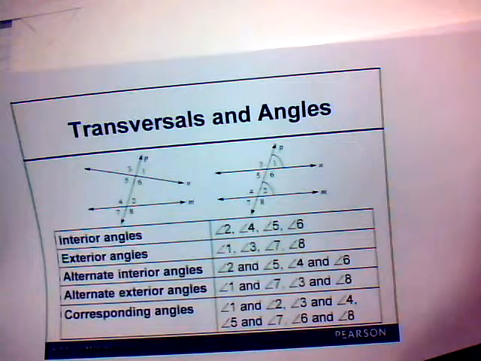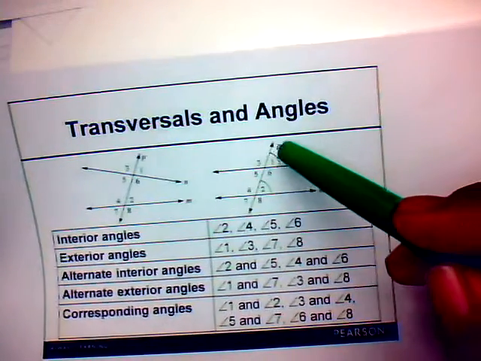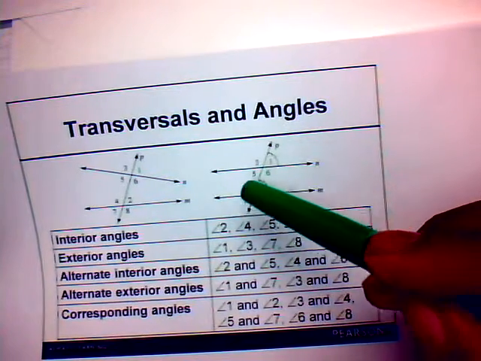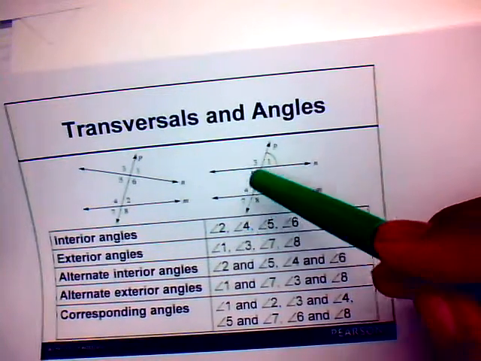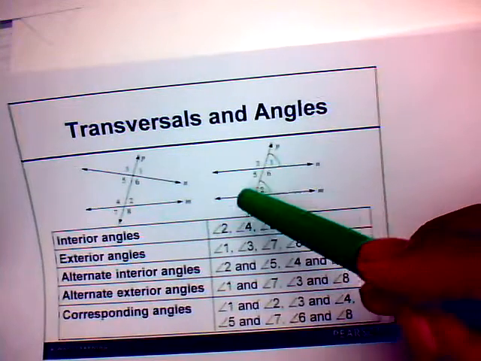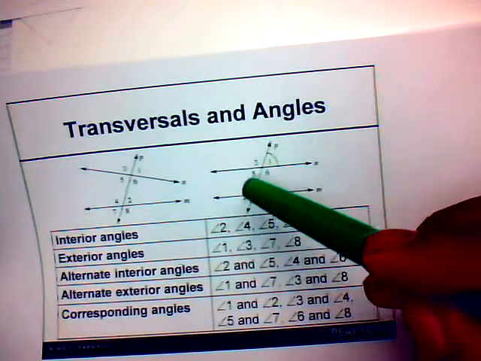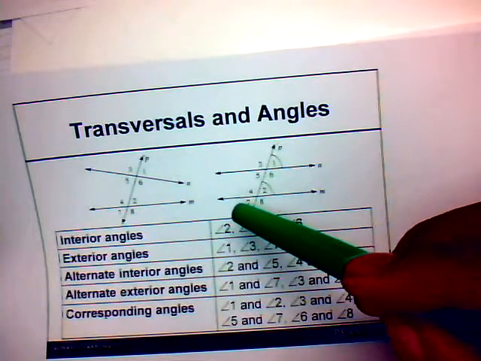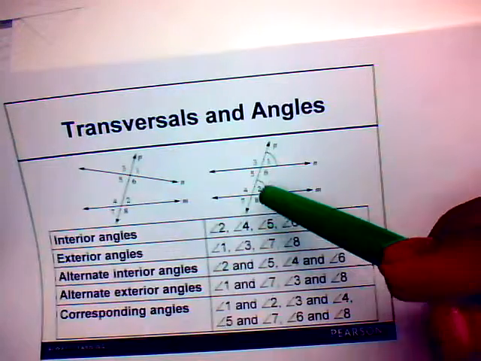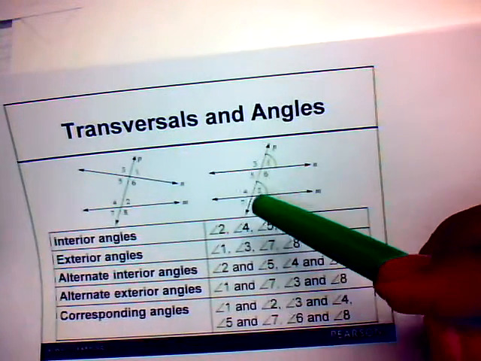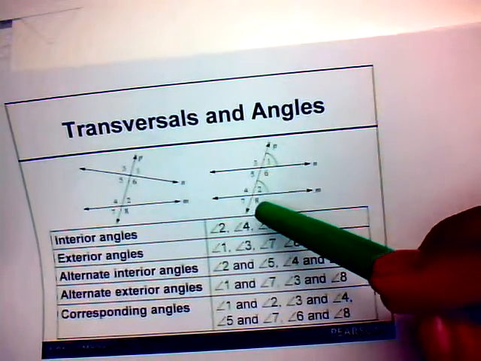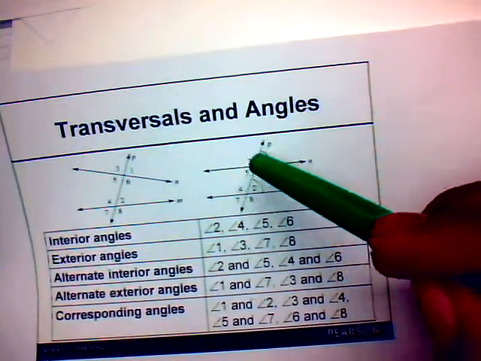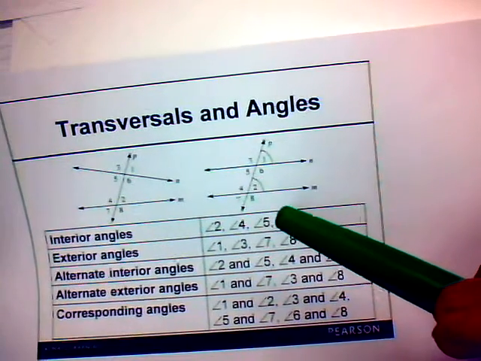And then we have alternate exterior angles. In this case, angle 1 and angle 7 are alternate exterior angles because the angles are on the outside of those two lines and they're on alternating sides of the transversal. On a similar note, angle 3 and angle 8 is another pair of alternate exterior angles. They're on the outside of those two lines and they're on alternating sides of that transversal.